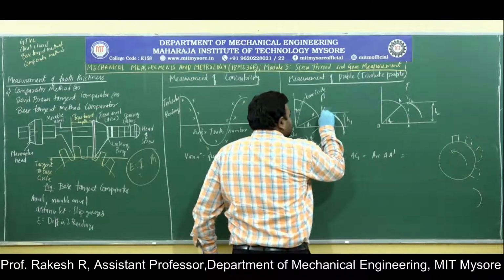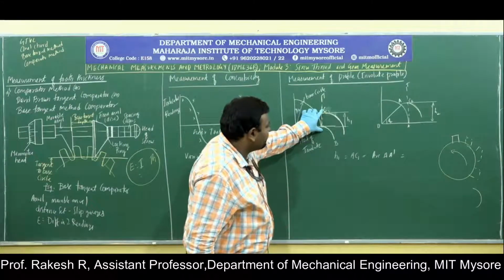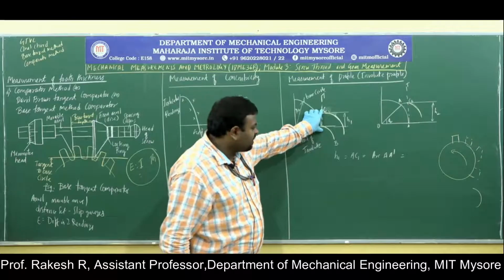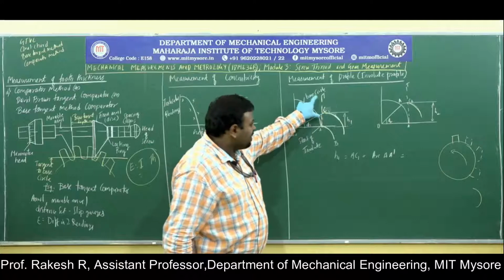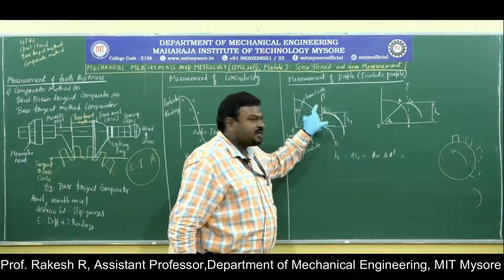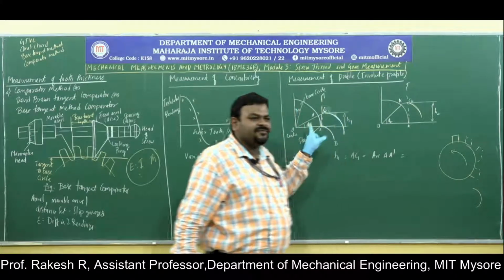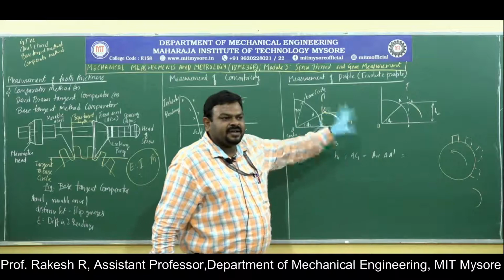So this is C, and this distance I have to calculate, what is AC1. It is a transformed distance. Earlier it was something else, now it is being indexed. Again next, this is the next tooth, this is the first tooth. The first tooth is being indexed. Already it is cut and finished.